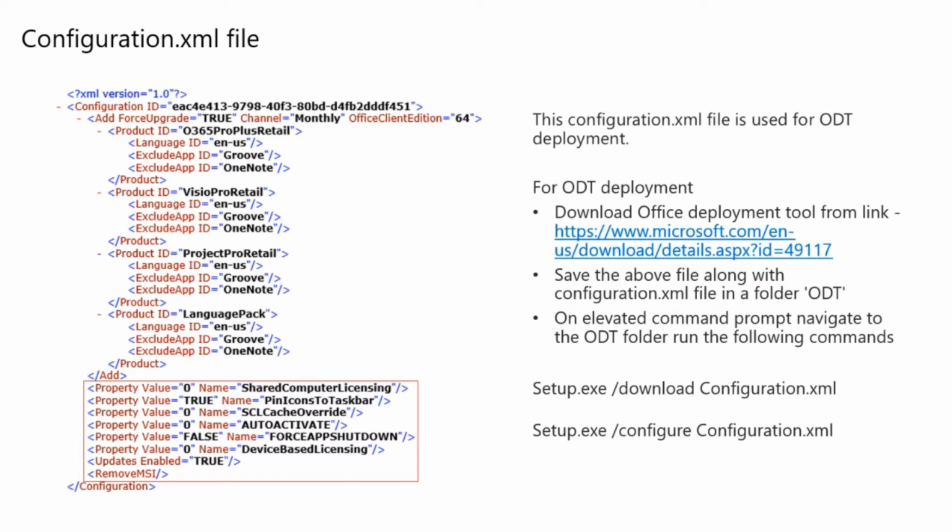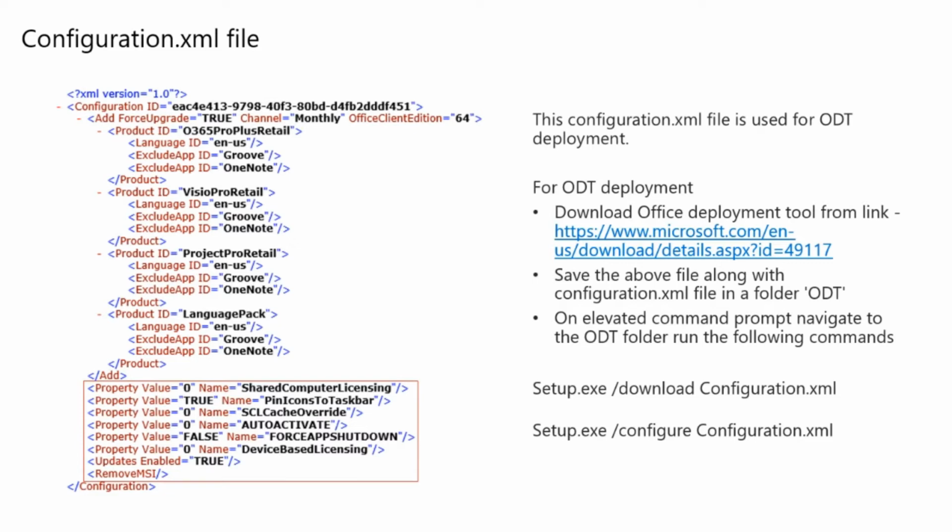We can now use this configuration file with the Office Deployment Tool or another software distribution solution. The deployment tool is run from the command line, as we have discussed before, and it uses this configuration file to determine what settings to apply when deploying Office.